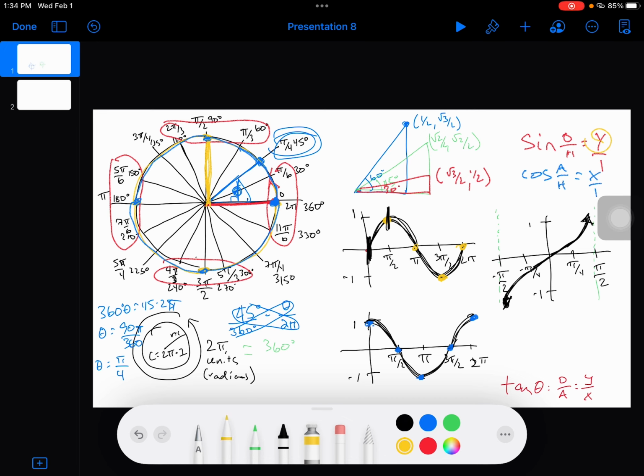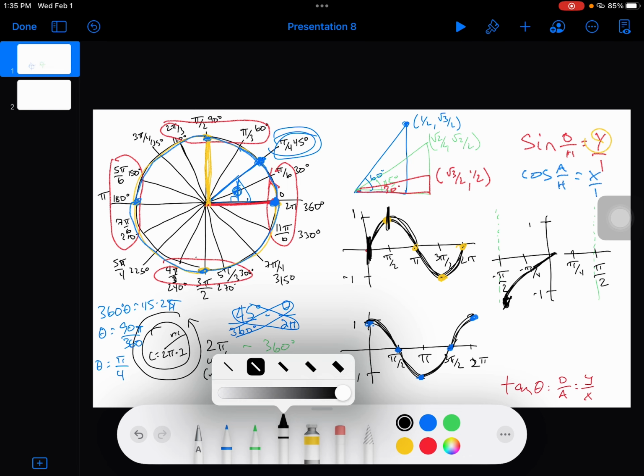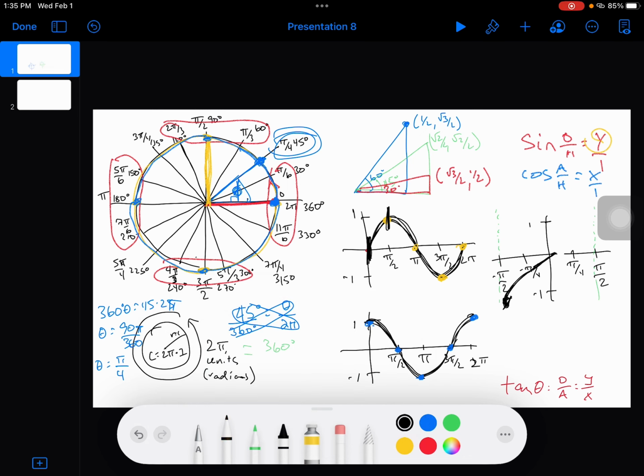And that follows because at pi over 4, we should actually be at 1. So my graph is a little off here. It should be at 1 at pi over 4, and then it heads up really quickly after that.